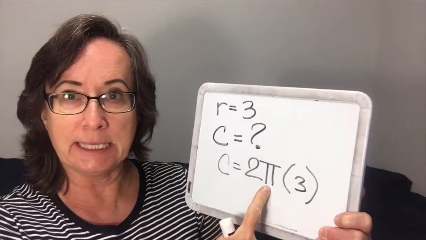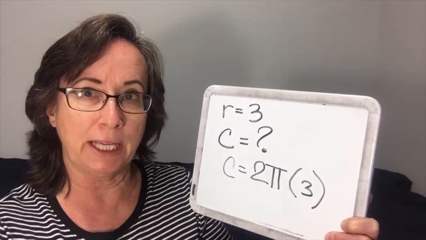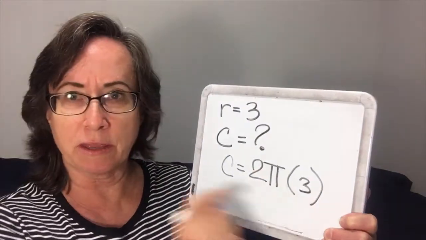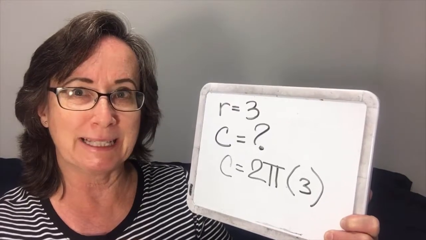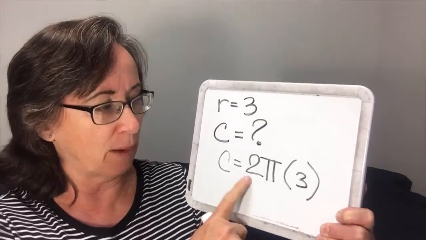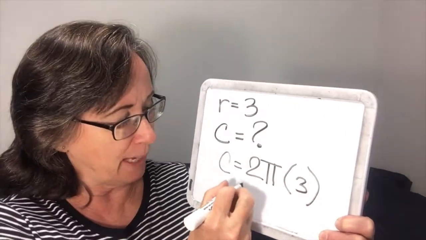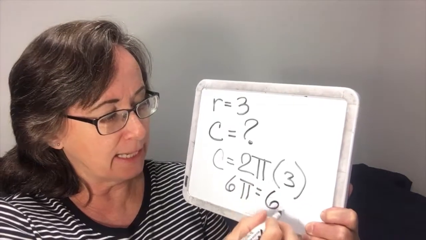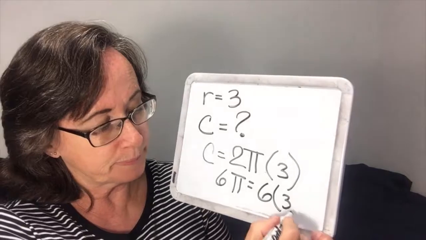And in place of the pi, we're going to put its approximation, which will be 3.14. So the 2 times the 3, remember multiplication is commutative, and commutative means I can do it in any order, so I don't have to keep these separated. 2 times 3 is 6. So we have 6 pi, which is 6 times 3.14.